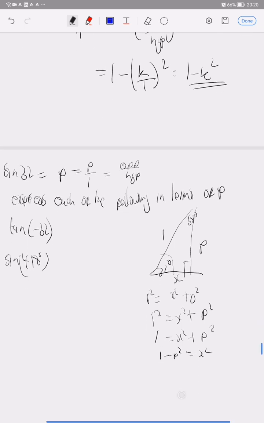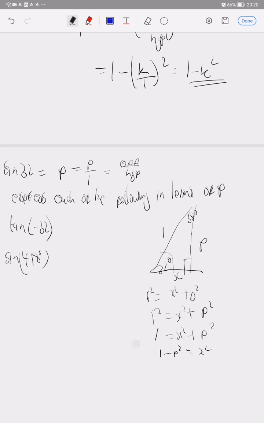You can see we are repeating the same thing again and again. So my x is going to be plus minus the square root of 1 minus p squared. Remember we are taking the positive one, so it's going to be the square root of 1 minus p squared. So we have already solved for x.